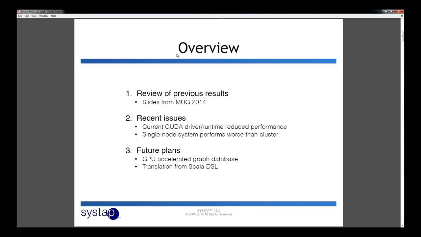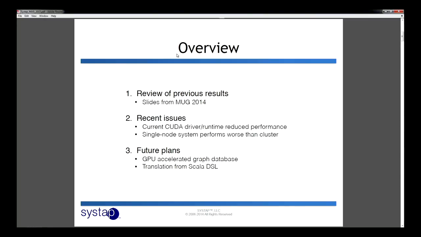Then I'm going to talk about some recent issues we've had with upgrading the current CUDA driver and runtime along with an MVAPICH version. We managed to have our performance cut in half, and we've not been able to figure out why.